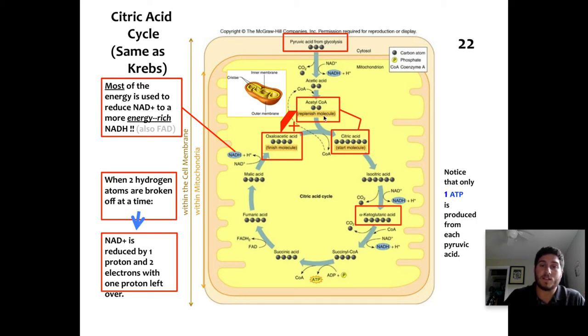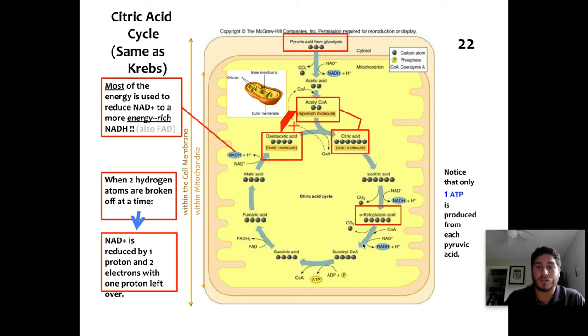This acetic acid is then going to turn into citric acid, right? So what we're going to see is these 2 carbons are going to bond to this 6 carbon molecule and go through a cycle here. From here, we're going to start to see a few things happen. Number one, we're going to make some NADH2 using NAD.